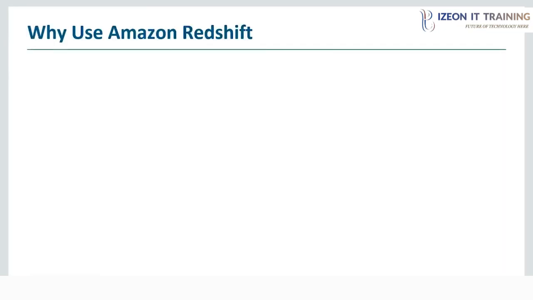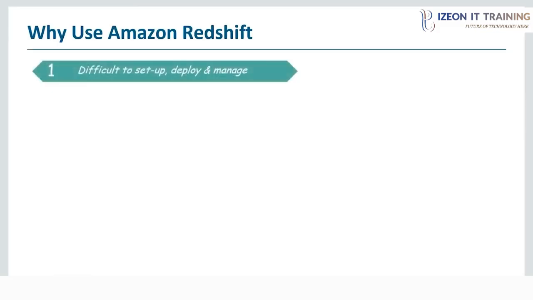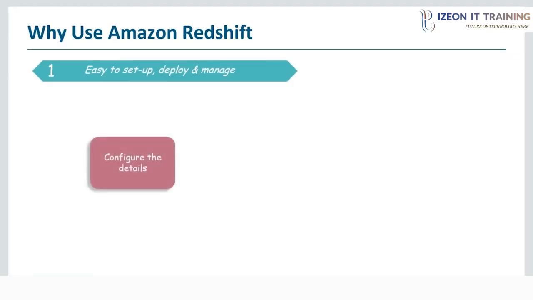Now, we'll take a look at a few reasons as to why Amazon Redshift is very popular. As we discussed earlier, setting up a traditional data warehouse involves a lot of money and resources. But it's very easy to set up, deploy, and manage a suitable data warehouse using Amazon Redshift. On the Amazon Redshift console, you will find the create cluster option.